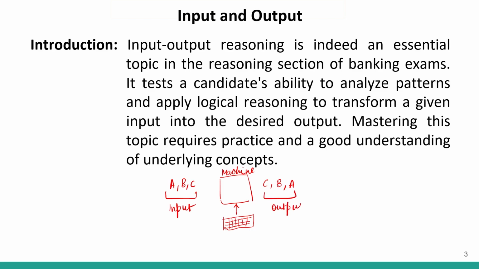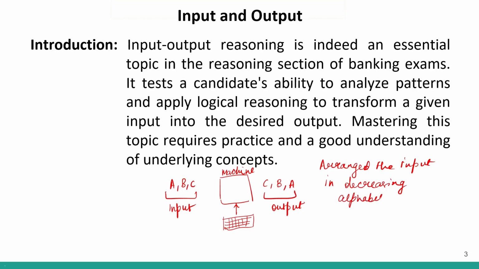So basically, you enter something in a machine, the machine does a certain operation on it, and then arranges it in this way. So what is the operation that the machine does? The machine has basically arranged the input in decreasing alphabetical order.